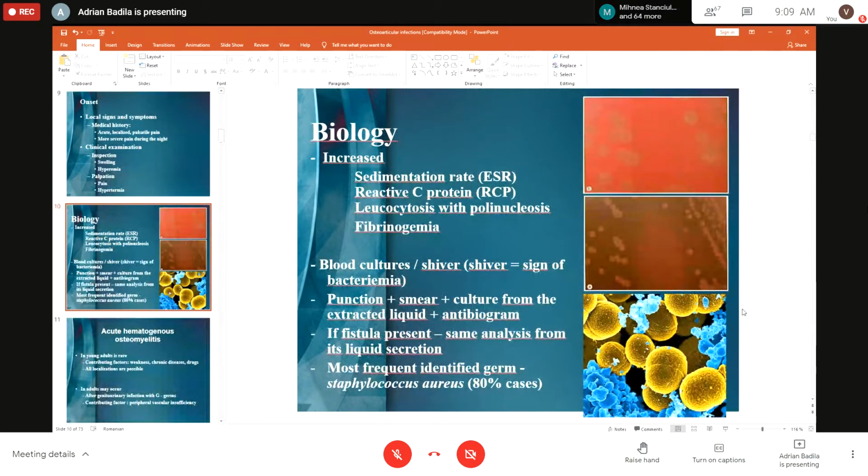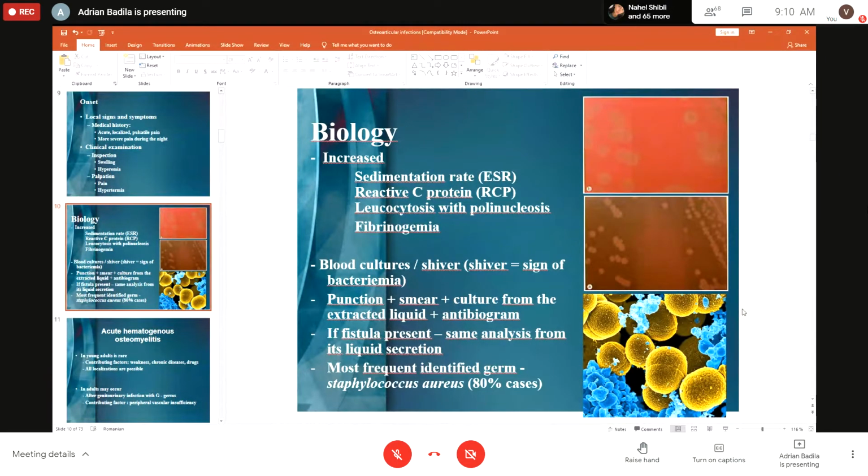From the biological point of view, we will have increased sedimentation rate, C-reactive protein, leukocytosis with polynucleosis, and fibrinogenemia. All these are signs of inflammatory and infection response from the host body. We will harvest, as I said, blood cultures if the patient will present shiver, and we will puncture the site of the infection.